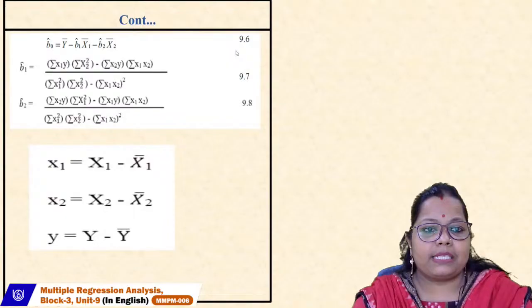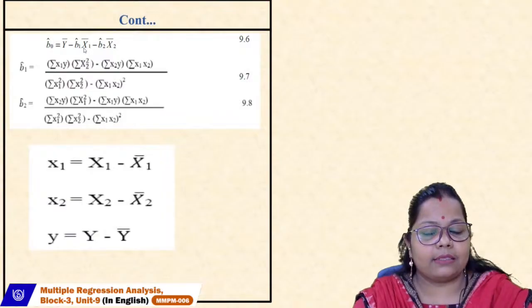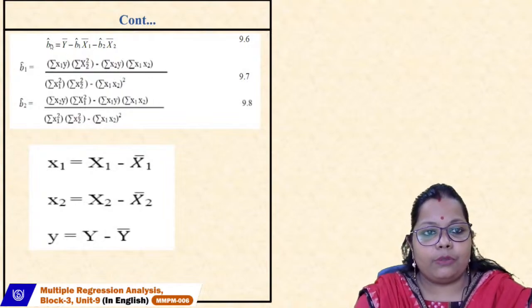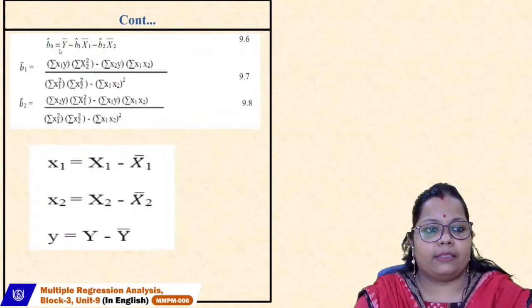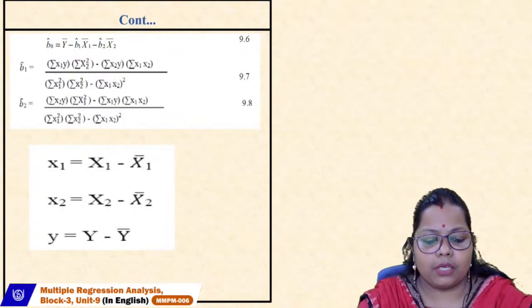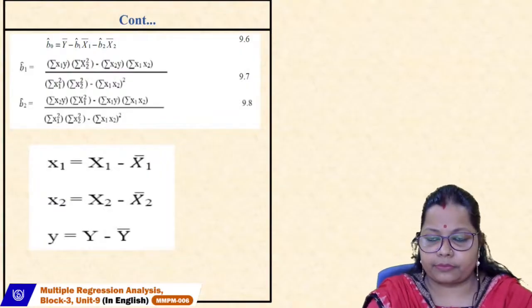So coming to 9.6, b0 hat is equal to y bar minus b1 hat x1 bar minus b2 hat x2 bar. Then those were all the normal equations we wrote. But the problem is, in the questions we have solved till now, only two, three or four variables are given.